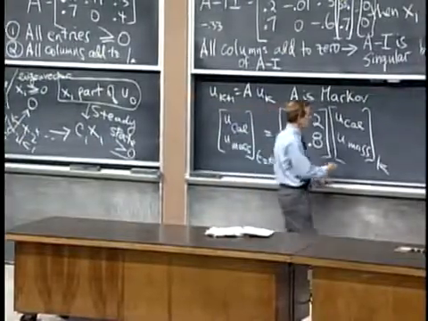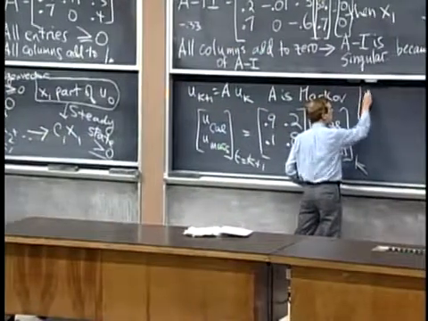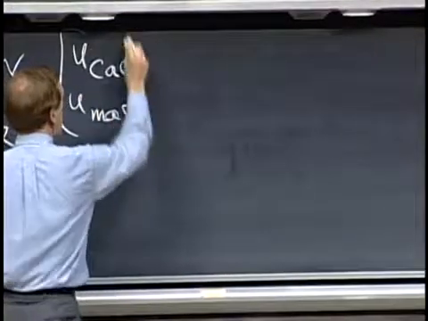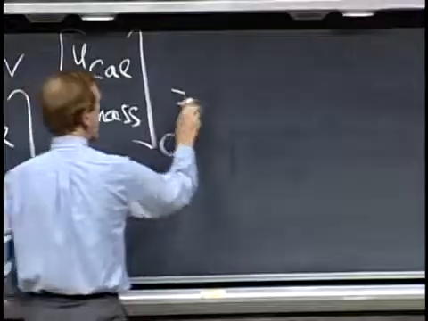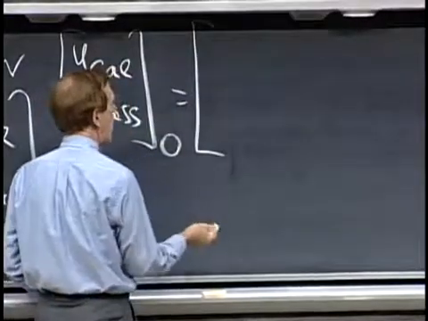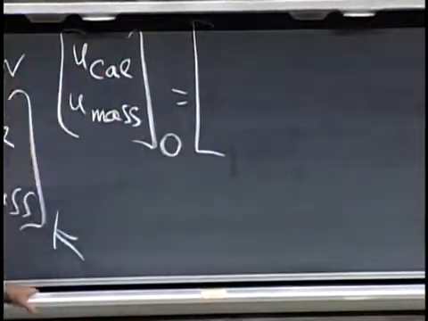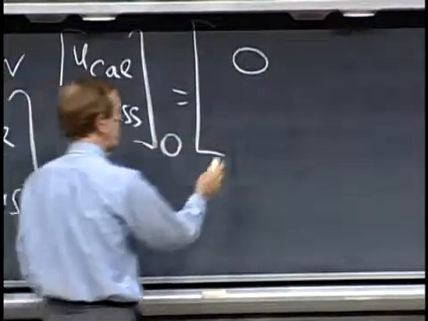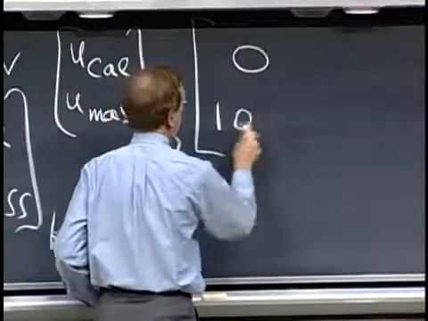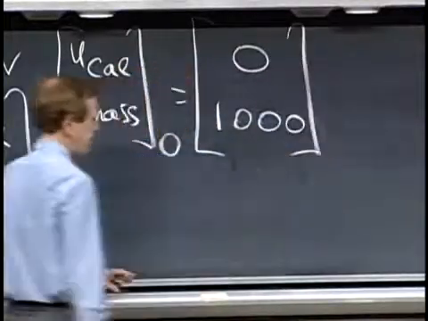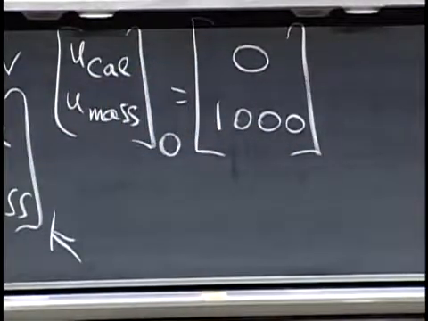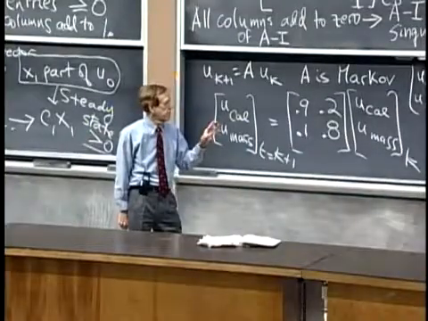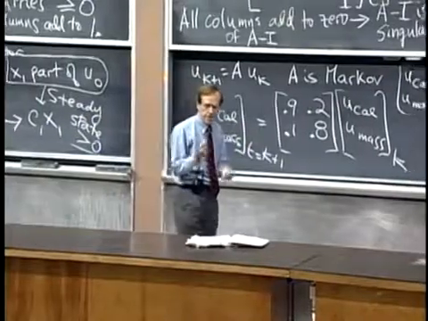So what's my starting U Cal, U Mass at time 0? Shall we put anybody in California? Let's make 0 there. And say the population of Massachusetts is, let's say, 1,000. So the populations are 0 and 1,000 at the start.